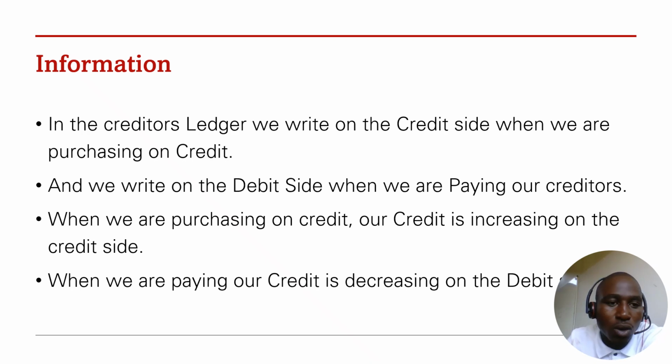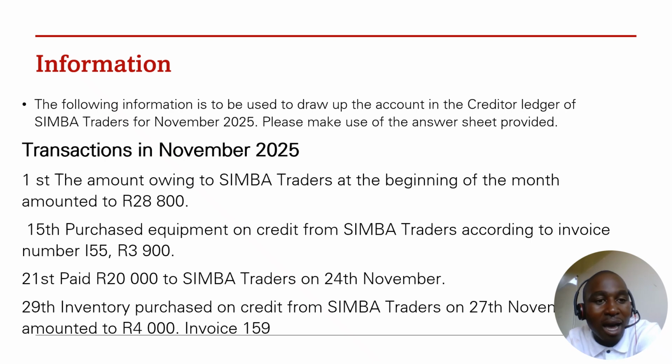Now, I want us to look at these transactions and see how we can record them on the creditor's ledger. These are the transactions of Simba Traders for November 2025. The first transaction says the amount owing to Simba Traders at the beginning of the month was 28,800. That is the balance we owe Simba Traders at the beginning of November 2025.